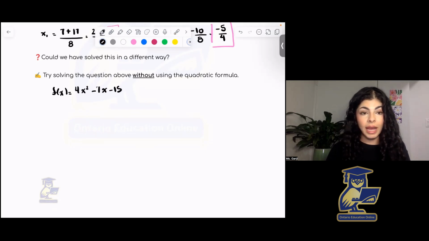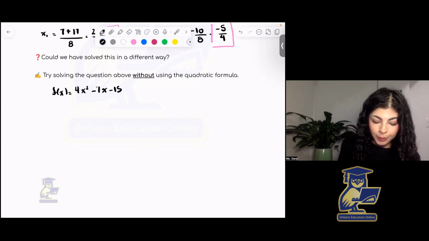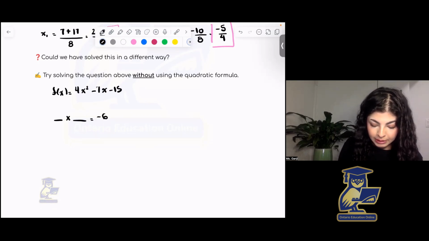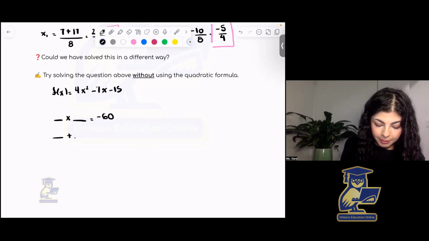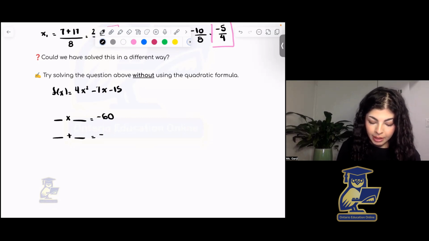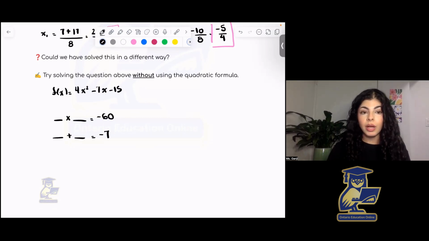And already I knew there were no greatest common factors here for 7 and 15, nothing I can factor out. So I want to find two numbers where their product is going to be negative 60 and their sum is going to be negative 7. So take a moment, try this, and I'll come back to give you the answers.